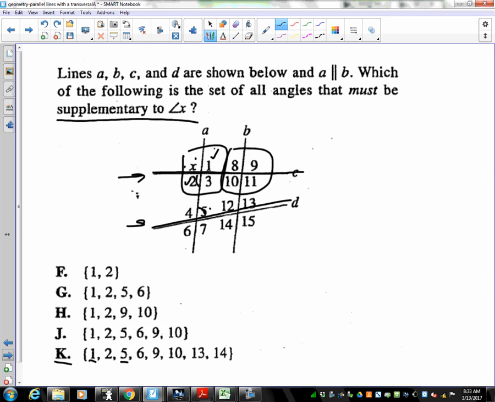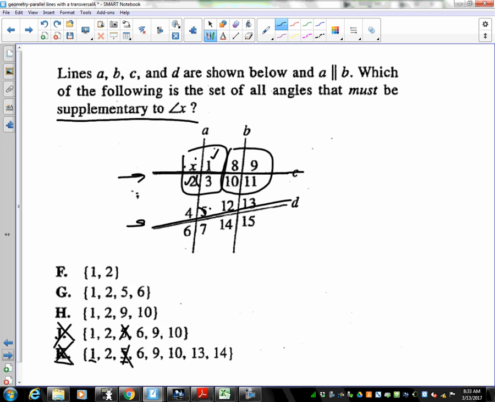So if they were parallel, 2 and 5 would be the same, so X would be supplementary to 5. But those are not parallel lines, so it's not going to be the 5 here. So you'll notice that'll rule out J for me too.